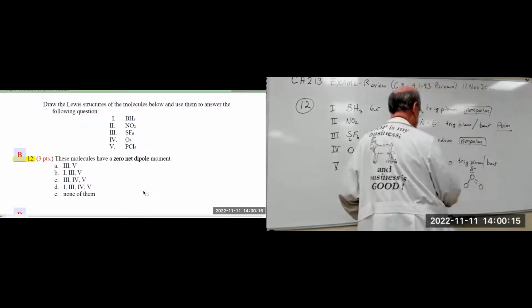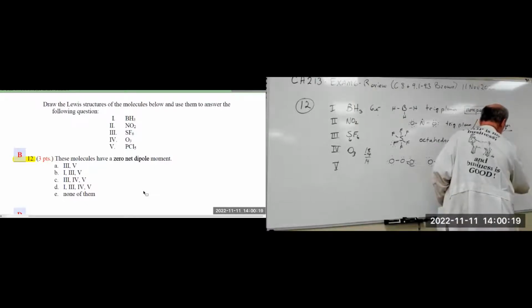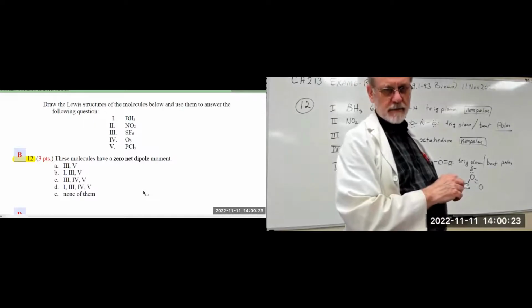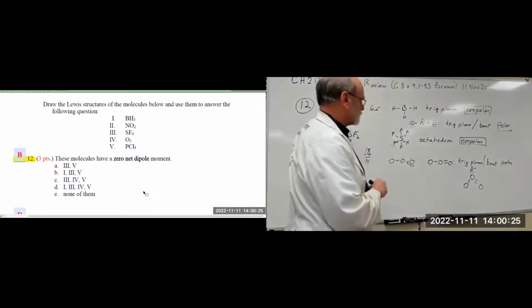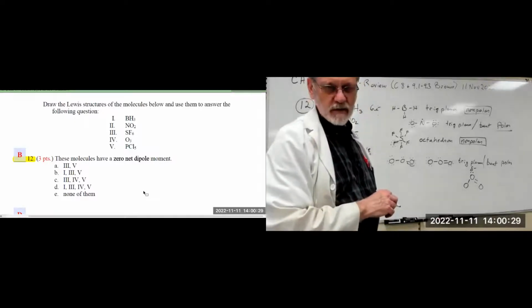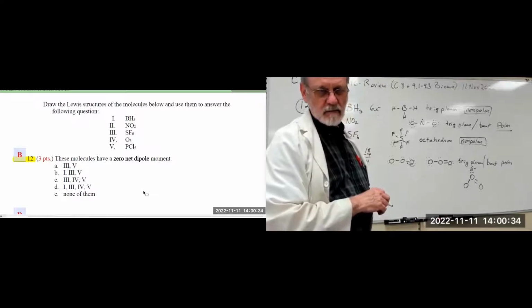That's why I think this one is polar. That's 4. Yeah. So 1 and 3 are definitely polar. So it's either B or D.